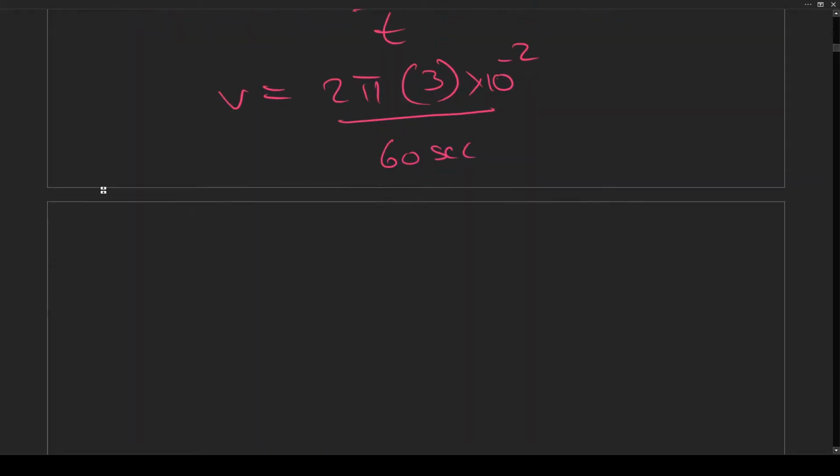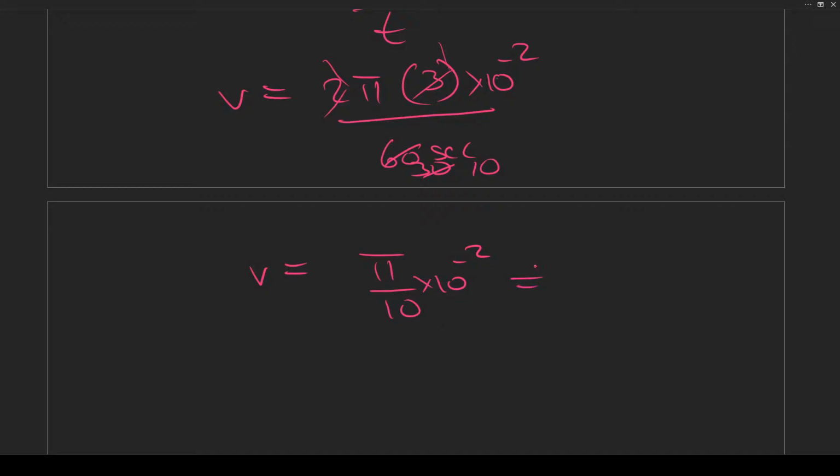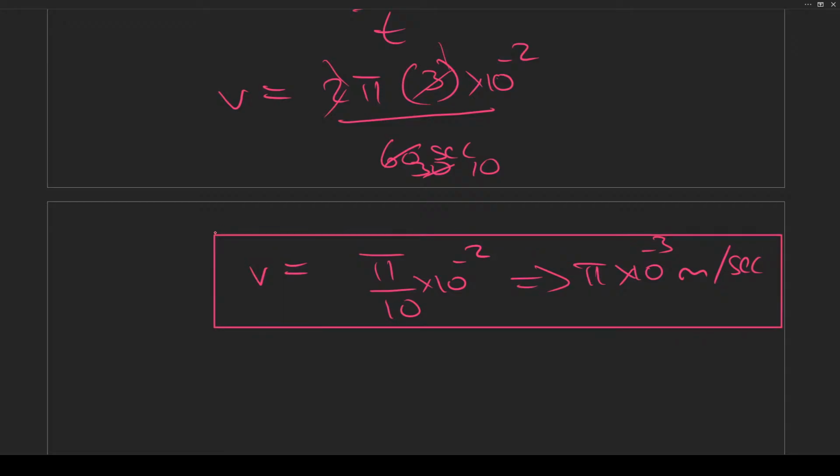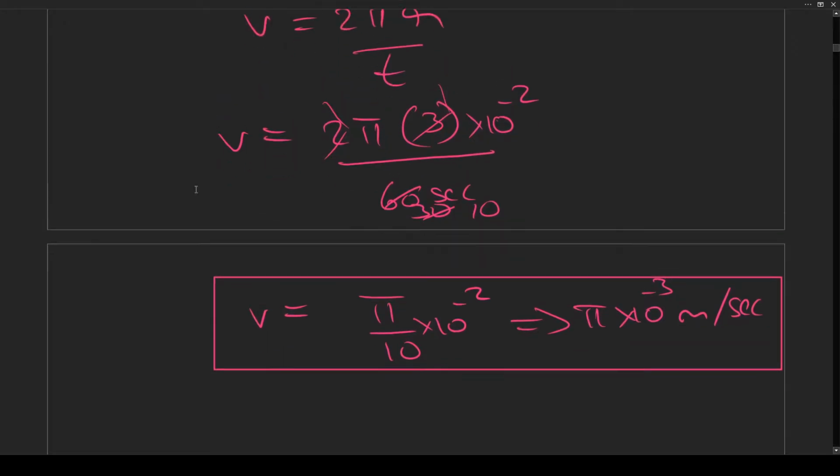It will move a total of 2 pi r distance in 60 seconds. So velocity is equal to pi by 10 into 10 power minus 2, which is equal to pi into 10 power minus 3 meter per second. Let's go to the next question.